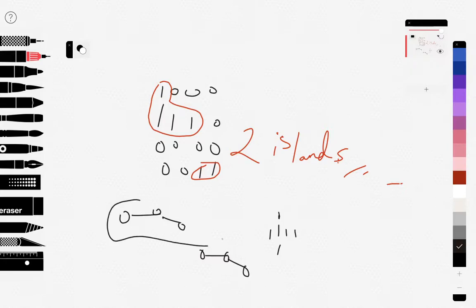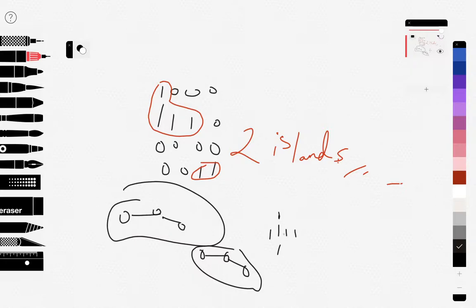This is one component of a graph, this is the second component of a graph. We need to count the number of islands, that is, the number of connected components. The question dissolves down to that. We just need to count the number of ones that are grouped together, and whenever we start counting, this is one group, and we don't count the ones multiple times in this group.